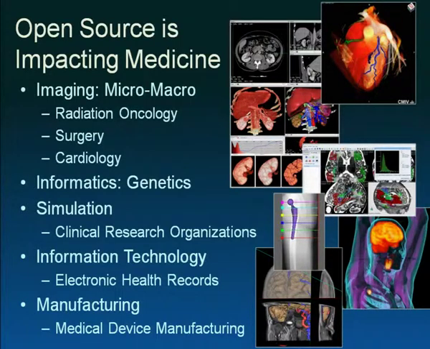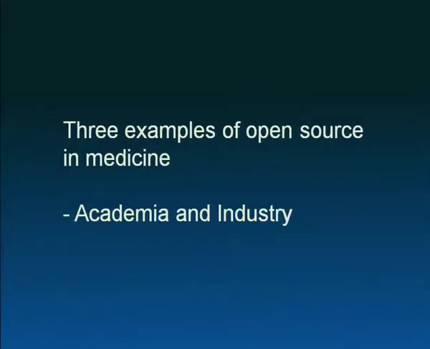And these simulation environments that the pharmaceutical industry is making use of are largely based on open source software. Additionally, we have information technology, electronic health record systems based on open source, manufacturing, the list goes on and on and on.